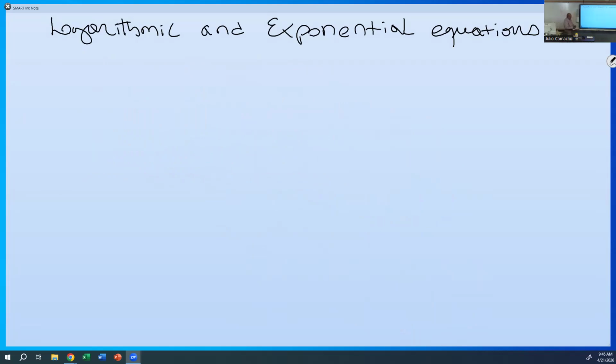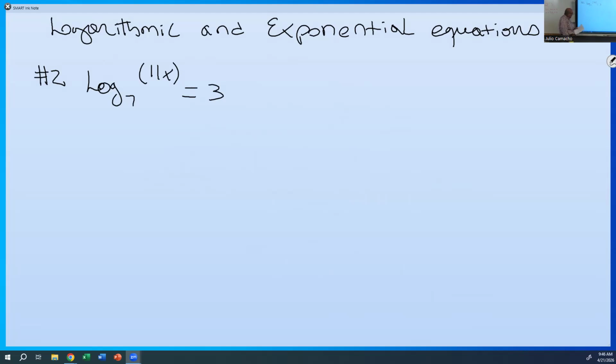The second kind of question that you will see in your homework, question number 2, is log base 7 of 11x equals 3. Right now, apparently there is nothing to find out.